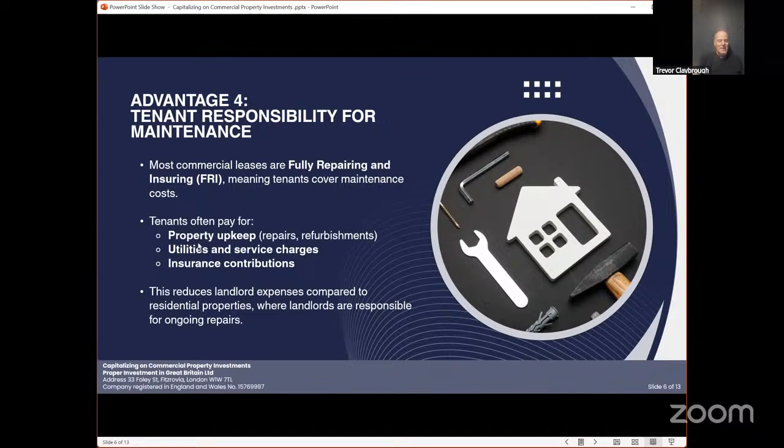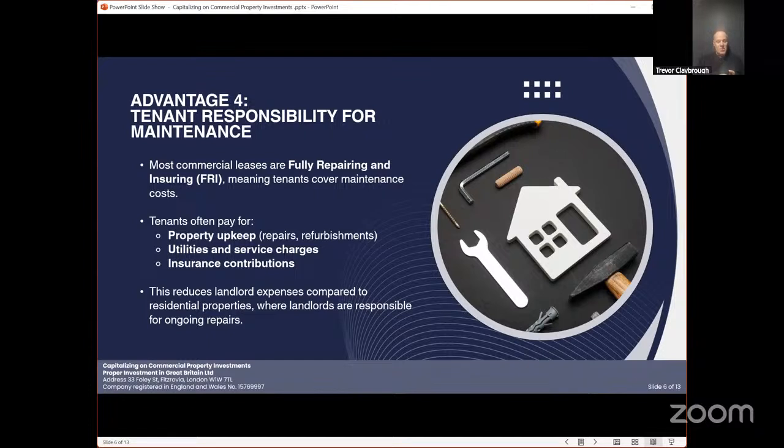So, tenants paying for property upkeep. Obviously, tenants are paying for utilities. Tenants are also paying service charges, especially if it's multi-block industrial units, which means in reality the tenants are covering most of our ongoing management costs. So the management costs are going to be quite small, whereas we know that in residential we've got the letting agent fees, which will probably be 10-12% for a standard buy-to-let, 15 or 18% for an HMO.